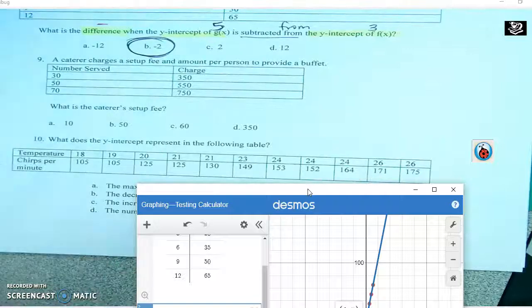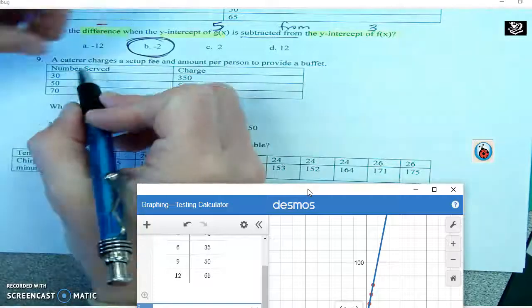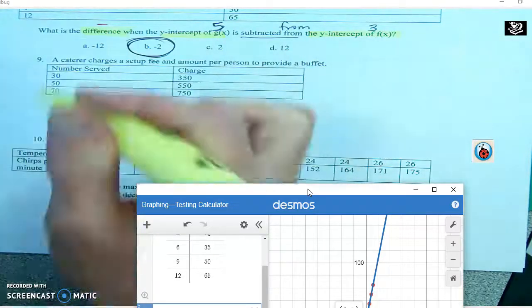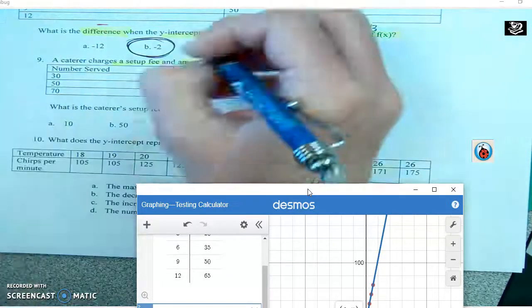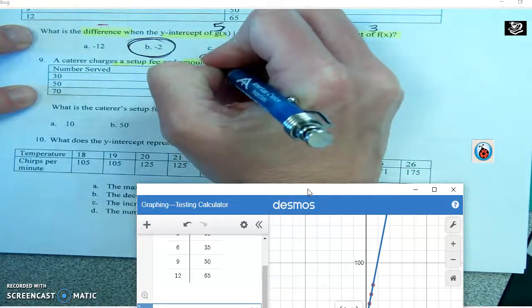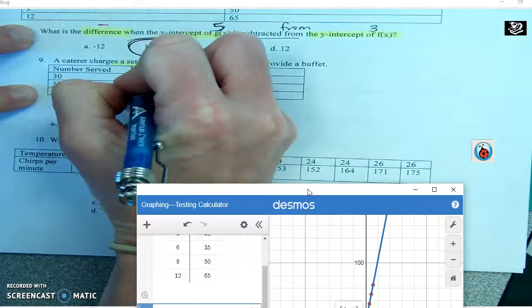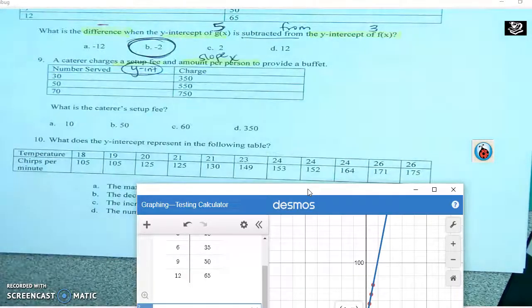Number 9, a caterer charges a setup fee and an amount per person to provide a buffet. What is the caterer's setup fee? So a caterer charges a setup fee and an amount per person. Well, per person would be an x with it, so that would be your slope. So that means the setup fee is your y-intercept.